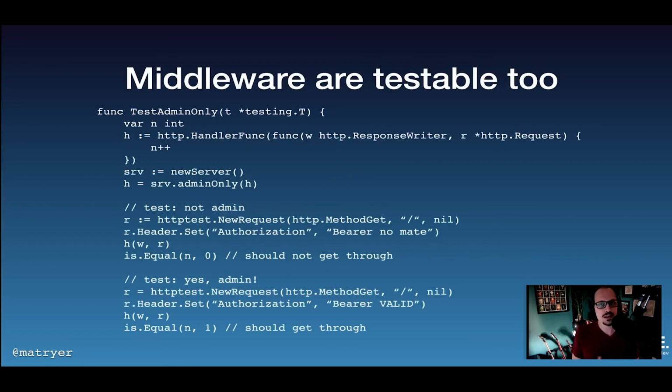The middleware themselves are also very testable, and you do it again by just creating handlers in your code. So in this case, we just want to see whether that is admin only. You want to make sure that it only calls the handler if the bearer is correct in this case.